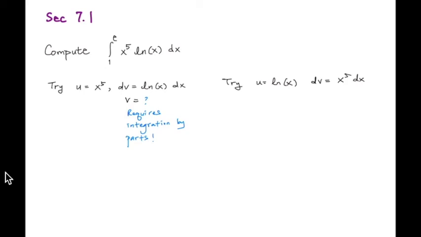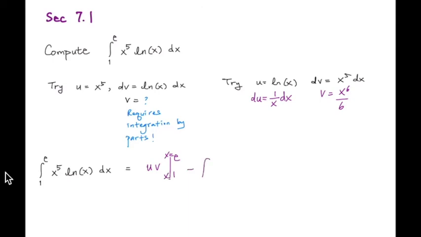So now I have u as natural log and dv as x to the 5. So then du would be 1 over x dx, and v is x to the 6 over 6. So the definite integral would be uv minus the integral v du.